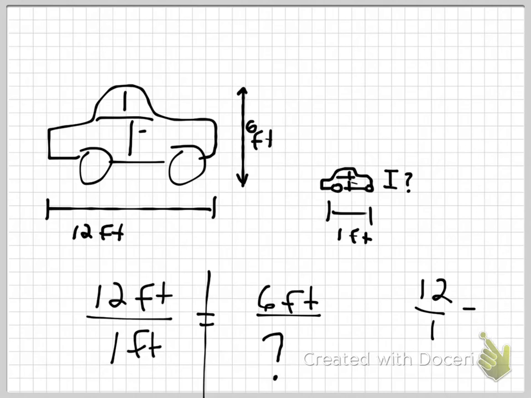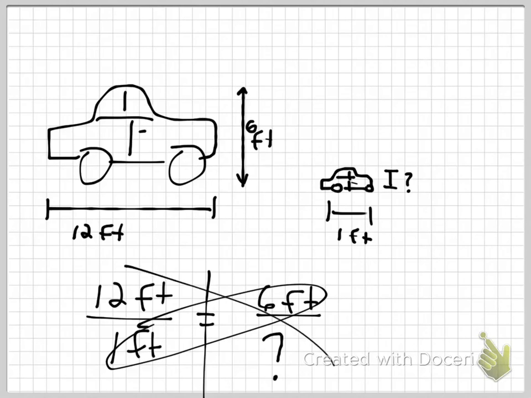Right, okay, so let's go back. We just start cross multiplying. What is 1 times 6? 6 equals, what is 12 times question mark? 12 question mark, right? What are we solving for here? What are we trying to figure out? The question mark.